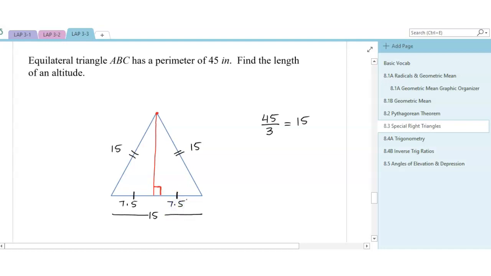And remember, when you have an equilateral triangle, all the angles are going to be 60 degrees. An equilateral triangle is also equiangular. It's a regular polygon. So now that I have the altitude going down like that, realize that this angle got broken in half. I'm going to have a 30 degrees over here.